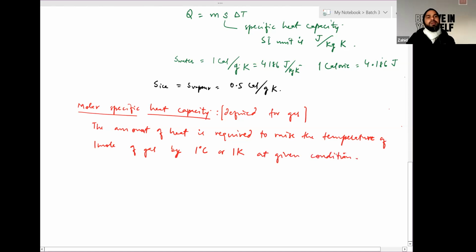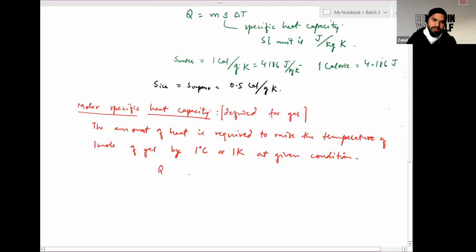Basically, we have 4 different types of processes in thermodynamics: isobaric, isochoric, isothermal, and adiabatic. For each process there will be different conditions and a different molar specific heat capacity. That's why I said it may change according to the given condition.